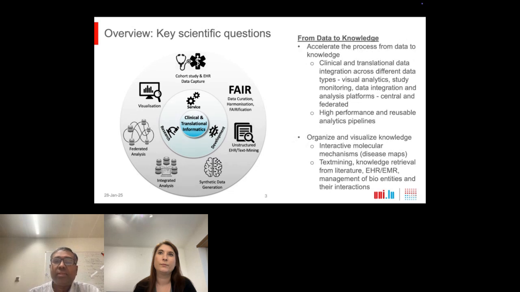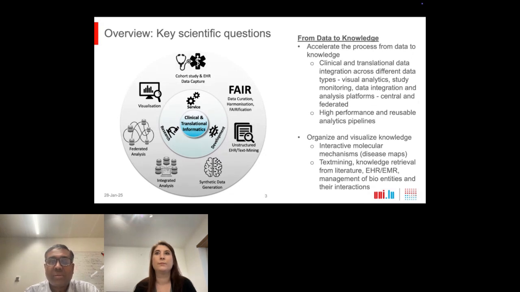The other area is what we call from data to knowledge, to accelerate the process from data to knowledge. Here we mainly deal with clinical and translational data integration across different data types, visual analytics, study monitoring, and data integration and analysis. And the other thing is the organizing and visualization of the knowledge.